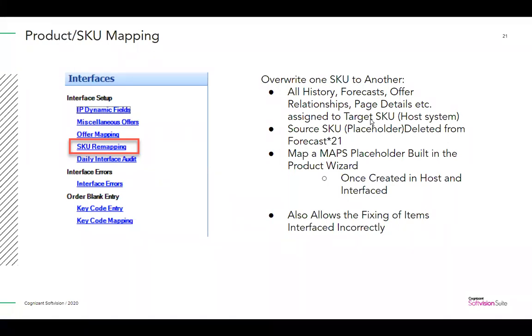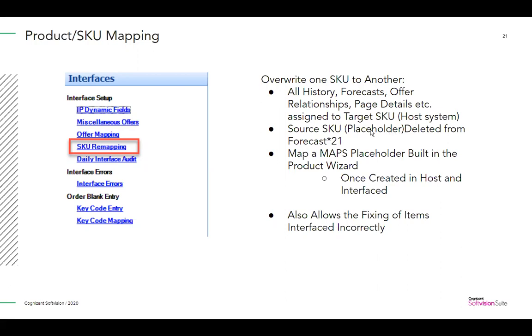So you can access SKU remapping from the interfaces module. And one thing to call out is the difference between the placeholder and the actual item that comes over from the host. So in the SKU remapping screen, we call the source SKU the placeholder.